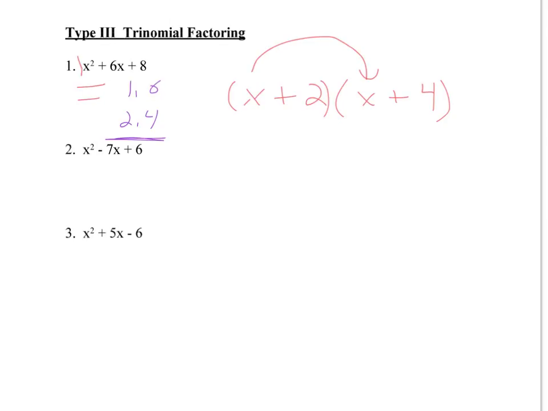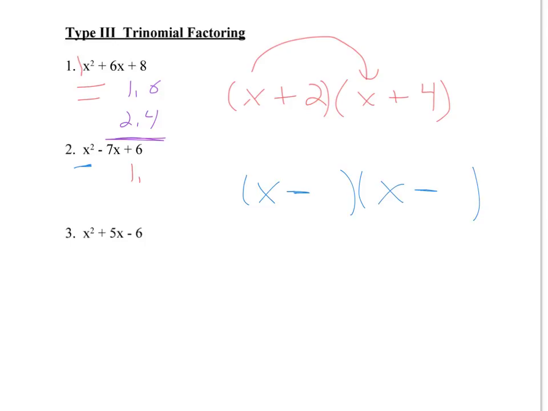In the second one, I have a positive A, a negative B, and a positive C. So again, I know my signs are the same, but this time, because the B is negative, when I build my houses, I'm going to have negatives. Because my A term is 1x squared, I'm going to have x and x. Let's list out the factor pairs of 6.